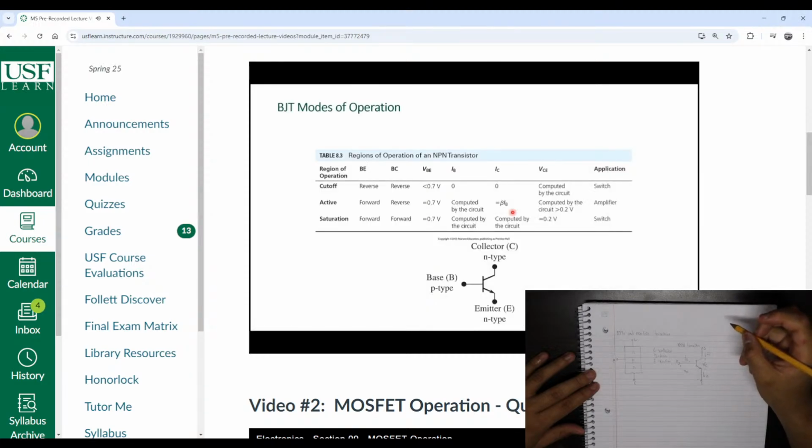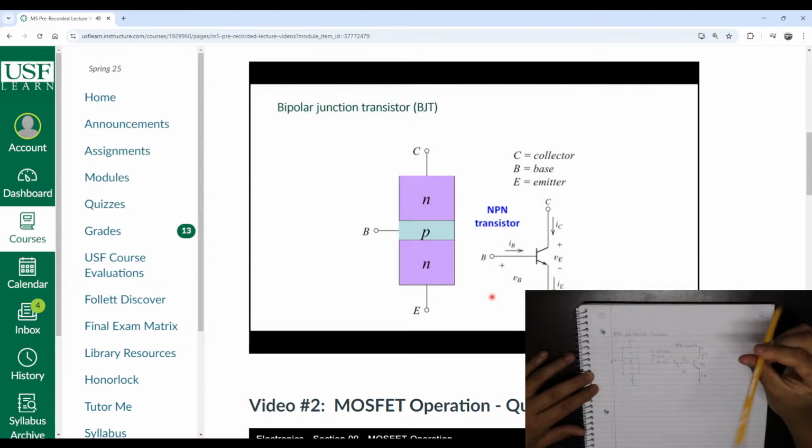Now we're going to describe what we call the different modes of operation of this transistor. And the modes of operation depend on whether the junctions, let me take you back for a minute. We have 2 junctions here. We have the base to emitter junction. There's a PN junction between the base and the emitter. And there is a PN junction between the base and the collector.